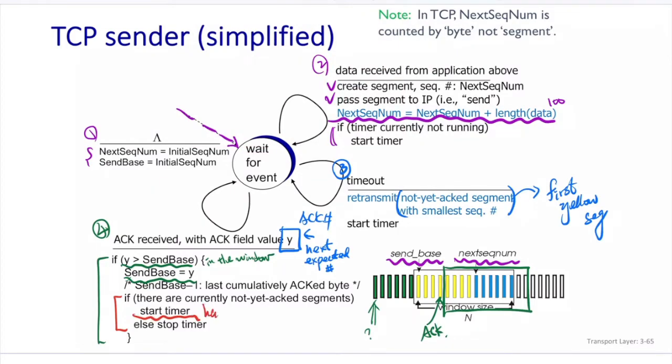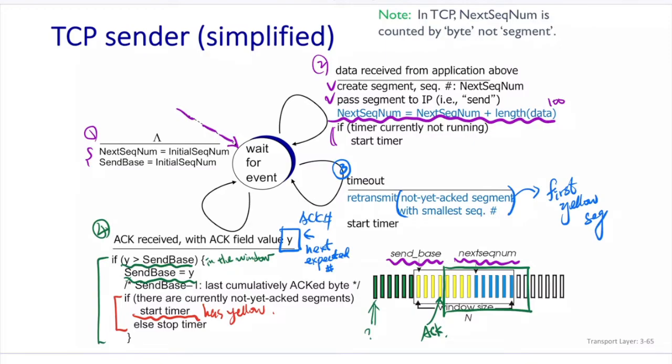Otherwise, when you move your window and there is no yellow packet, only blue packets, you don't have to set up a timer. So that is the simplified TCP sender. You can see that retransmission is controlled only by the timer at step number 3.